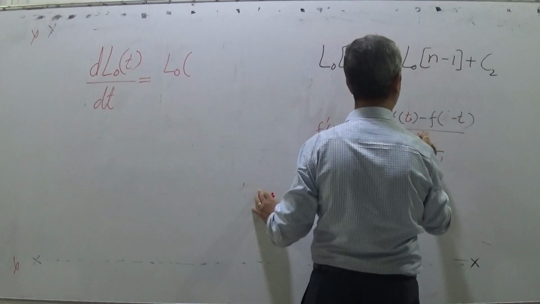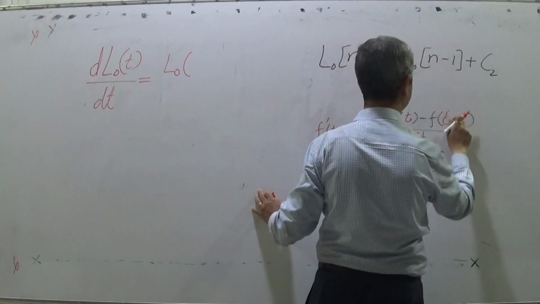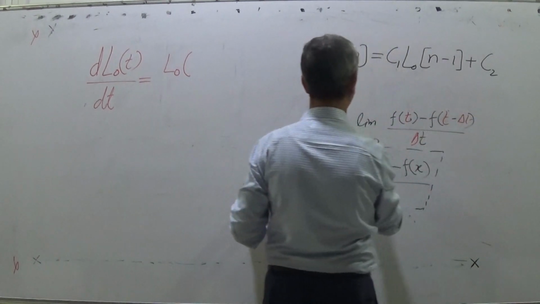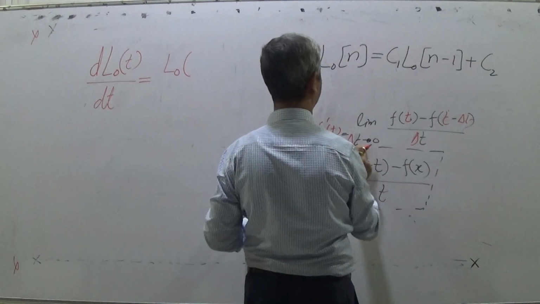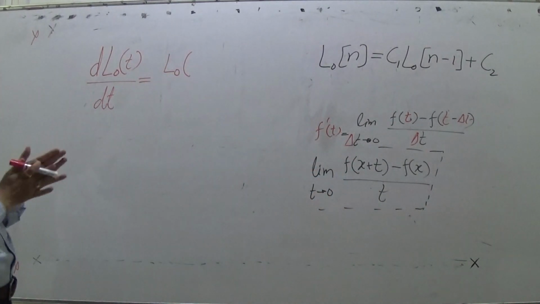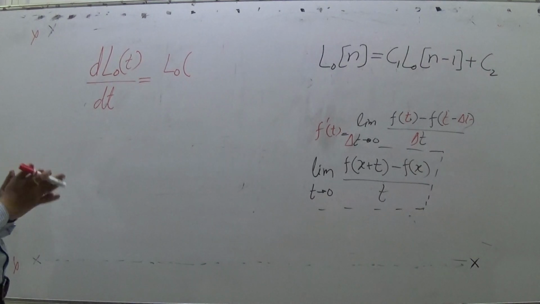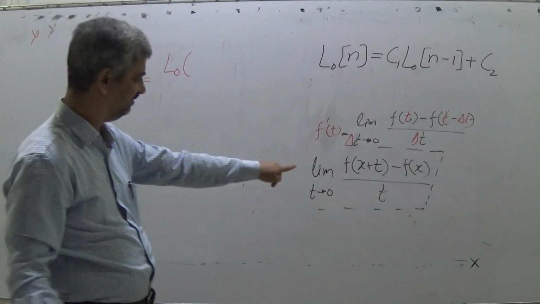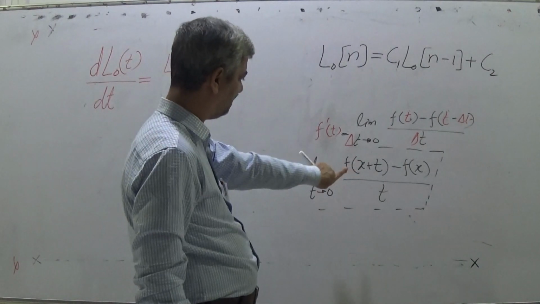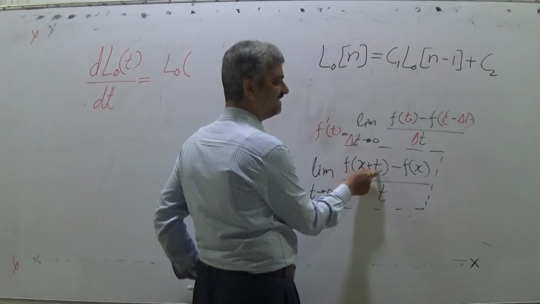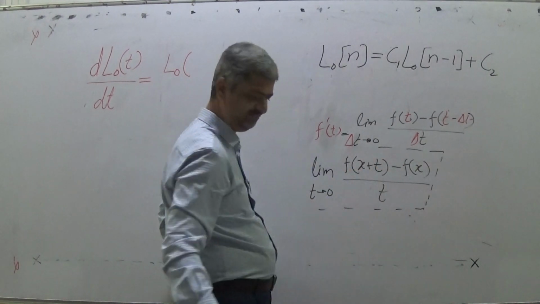It is a better description. So f dash t is the time derivative of a given function. This is just what I have done: x I will place as t and t as delta t, it is one and the same.